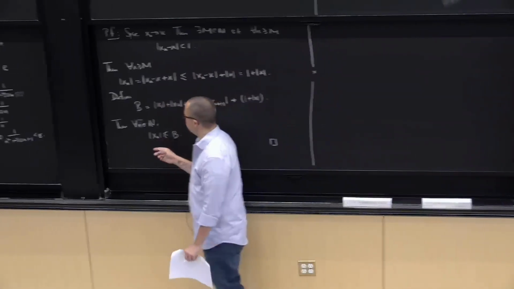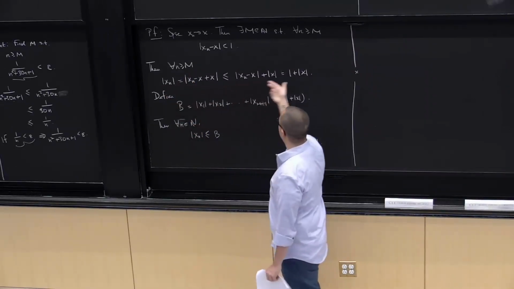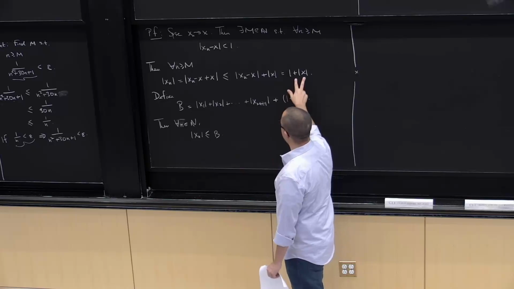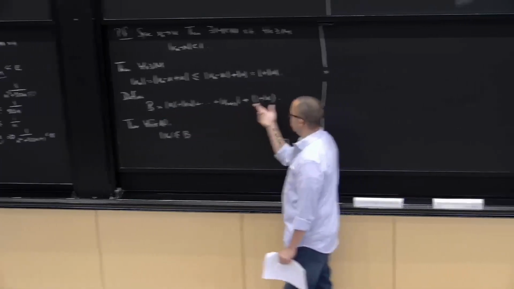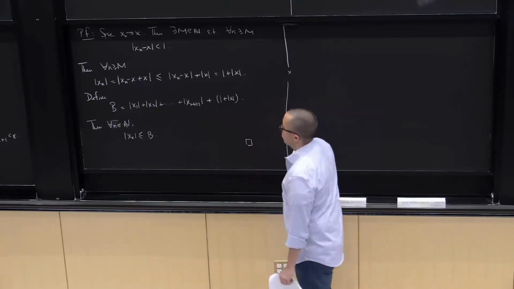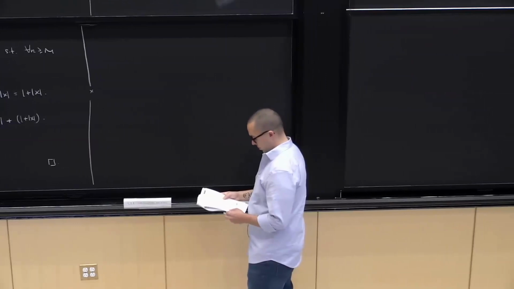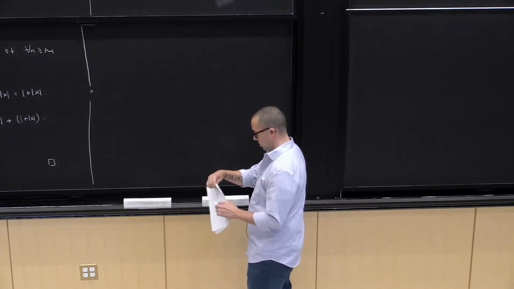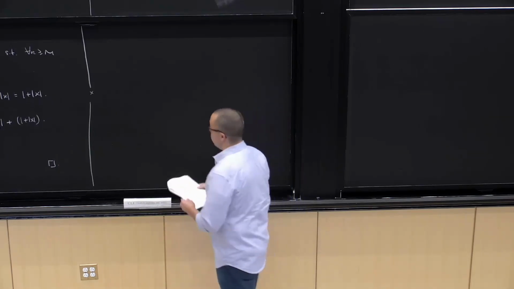And if n is bigger than or equal to capital M, then we have this bound that we used. Okay? And this number is certainly less than or equal to capital B, again, because it's this number plus a sum of non-negative numbers.